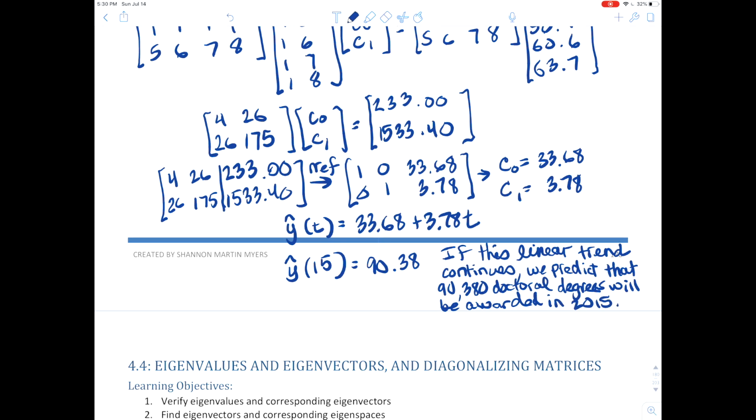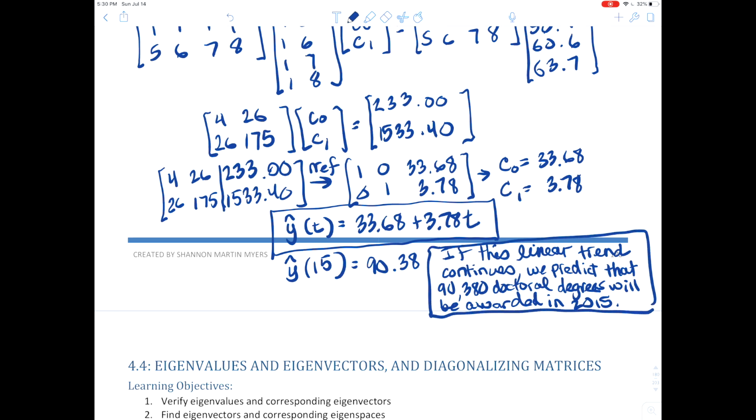Groovy? All right, so here's one result, and then here is another result that we were looking for. All right, so there we have it. That's the least squares analysis.